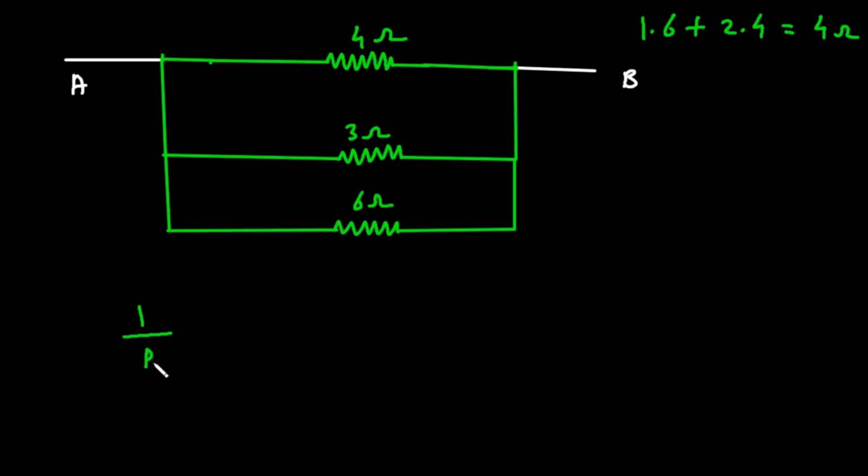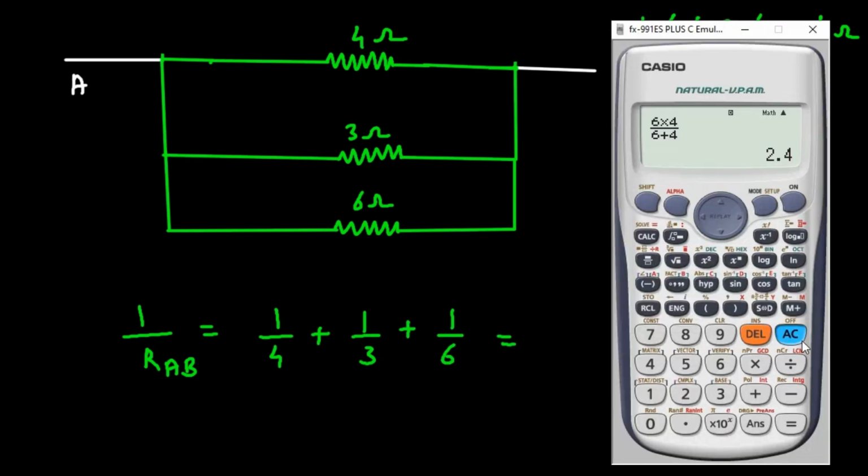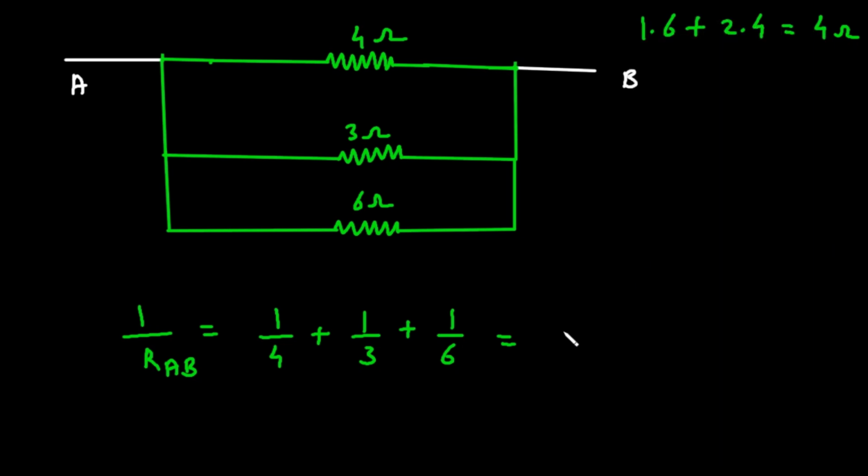So therefore 1/RAB is equal to 1/4 plus 1/3 plus 1/6. If we solve this, we get 3 by 4, or we can say 0.75.